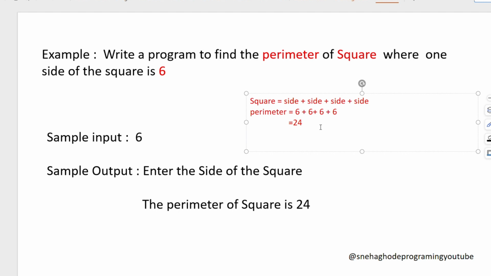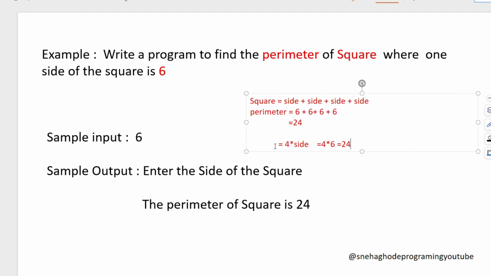So this addition is the logic here to perform this task. See here, 4 sides. So how many sides are there? 4 sides into the side value, so 4 into 6. So we are getting our answer, that is 24.